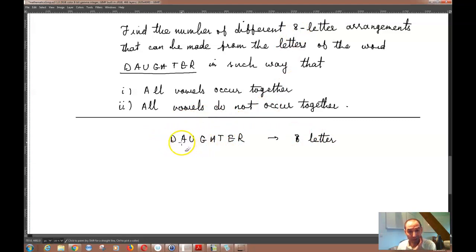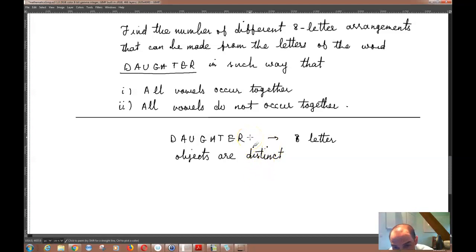D has not been repeated, A has not been repeated, U, G, H, T, E and R have not been repeated. So we have no problem with whether the objects are distinct or not. The objects are already distinct.